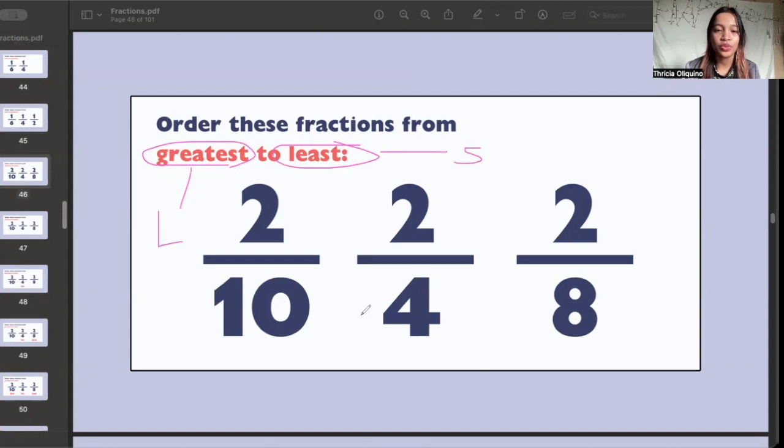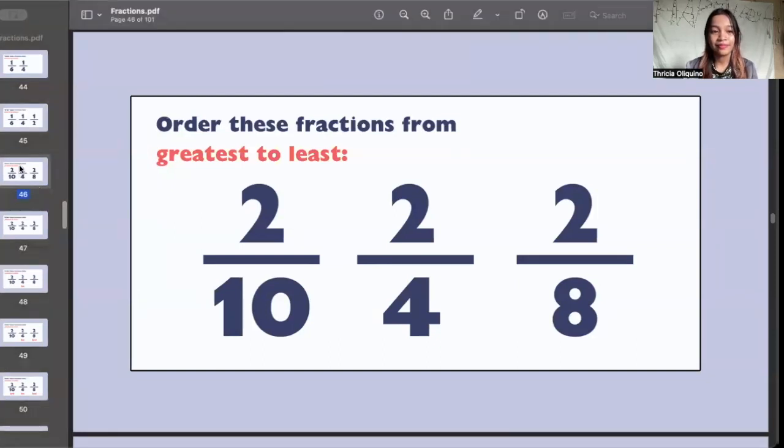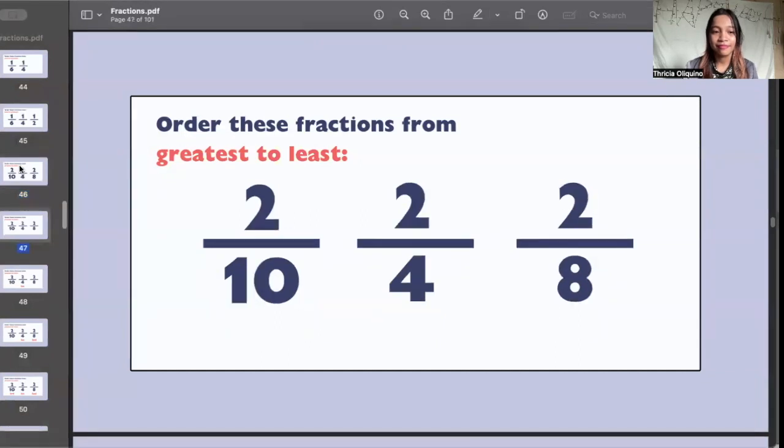With these three fractions over here, you're going to find the largest first. Which among these fractions is the largest? Okay, good job. It's 2/4.